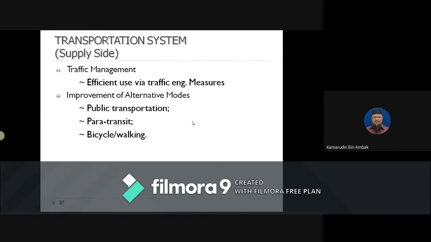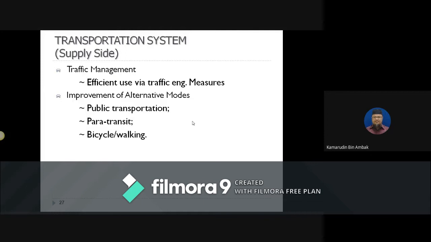Okay, in terms of traffic management, we are looking at trying to make the system efficient. Of course, we use the parameters of traffic engineering to do the analysis and propose the system and any mitigation.